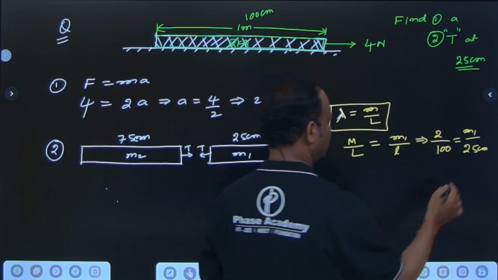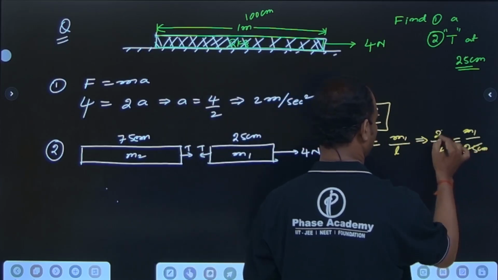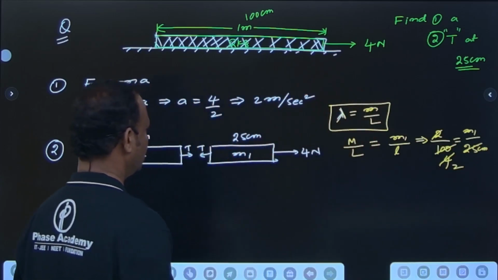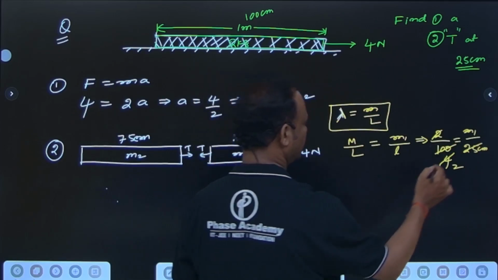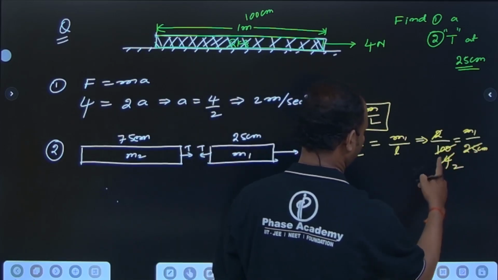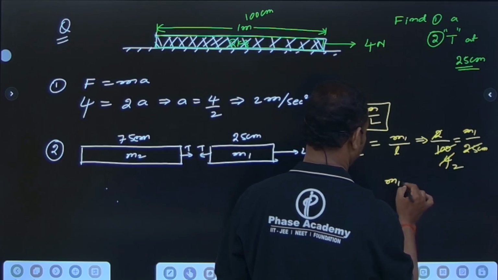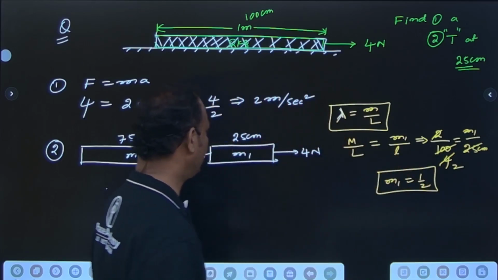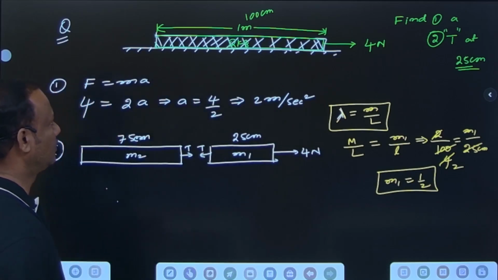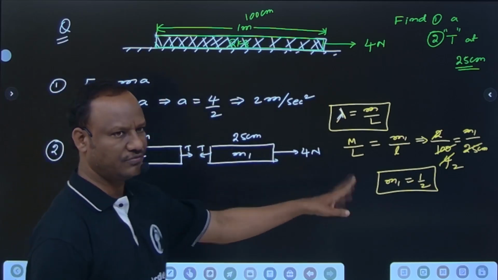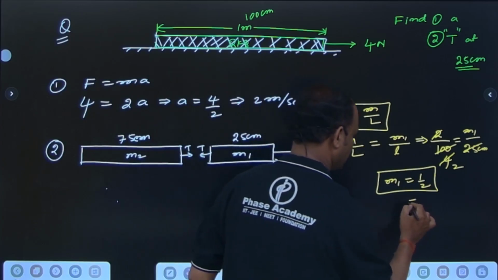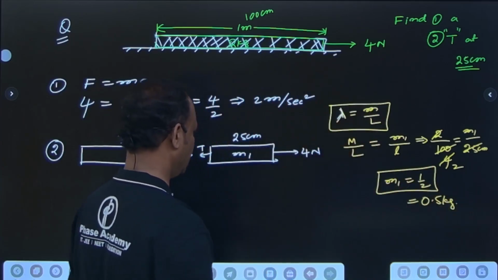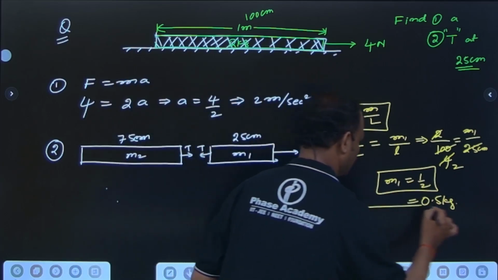So 25 ones are 25, 25 fours are 100, 2 ones are 2, 2 twos are 4. So M1 is equal to 1 by 2, which means 0.5 kg.